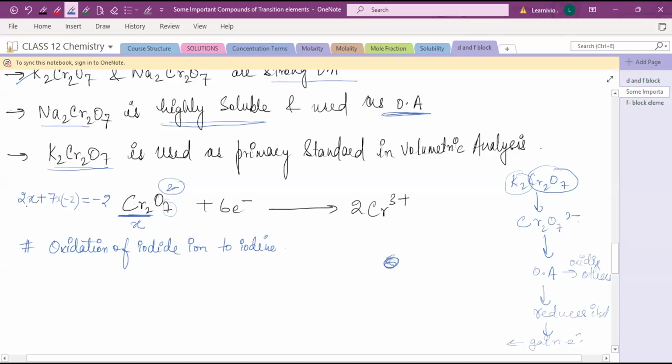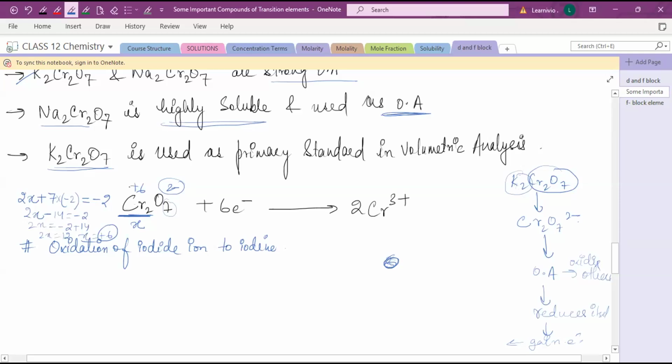Now solve this equation. 2x plus 7 times -2, that is -14, equals -2. So 2x equals -2 plus 14, 2x equals +12, and x equals +6. So what is the oxidation state of chromium here? +6, for both the chromiums, there are 2 chromiums. For both the chromiums, the oxidation state is +6.